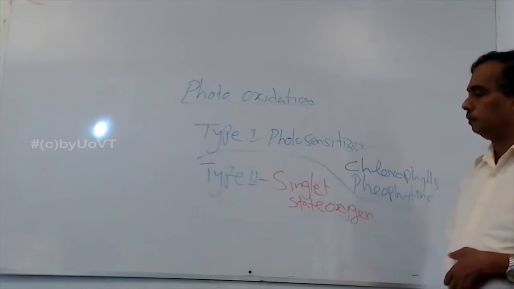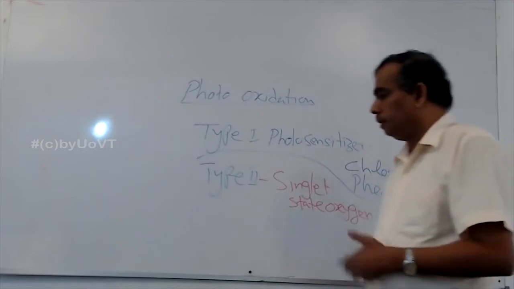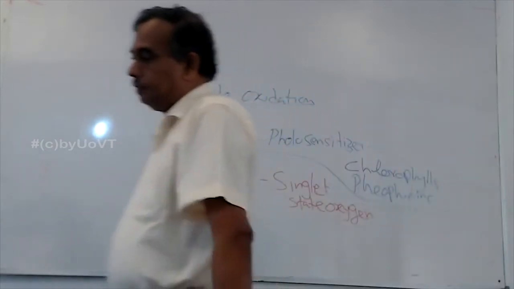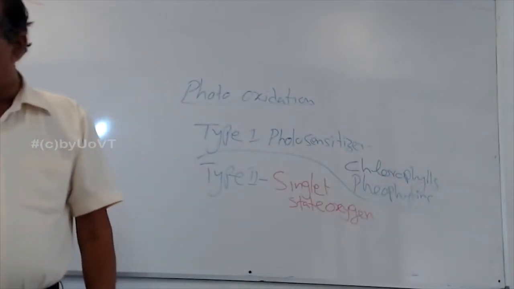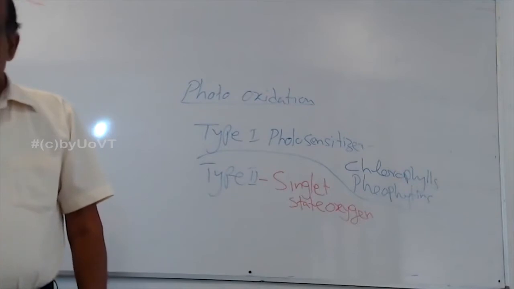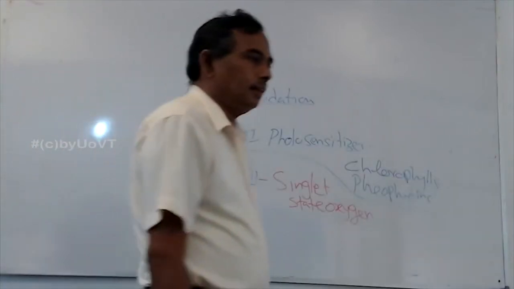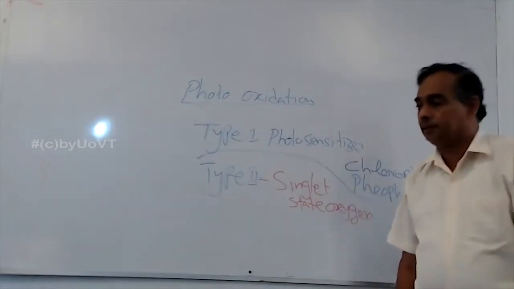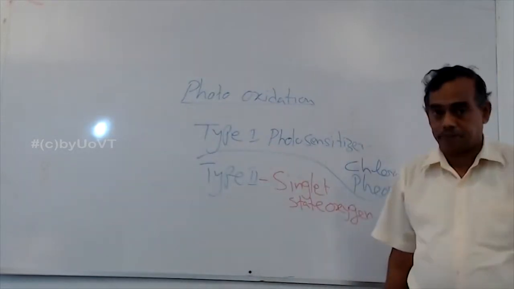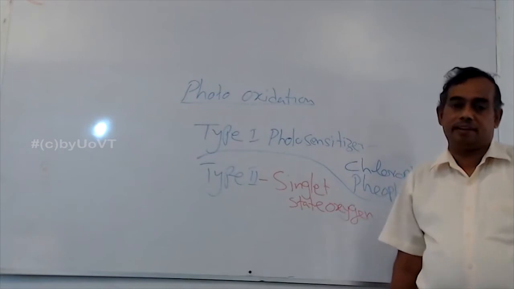I think you may have a problem with this word. What is the meaning of singlet state? You may have heard about different types of oxygen, right? But you may not have heard about singlet state oxygen in your first year, especially.